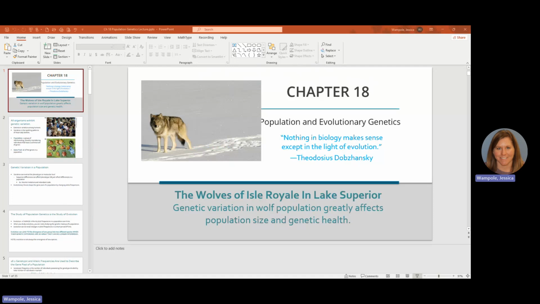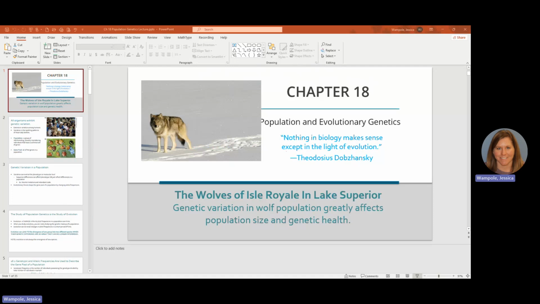But microevolution can lead to macroevolution. It doesn't have to. Microevolution can just change alleles within a population. It can be minor changes. But if the changes become great enough, we can end up with macroevolution.